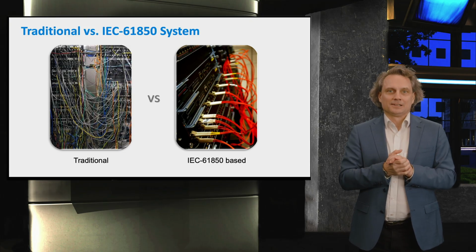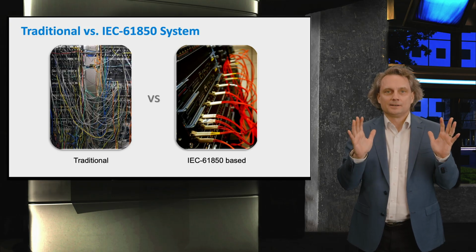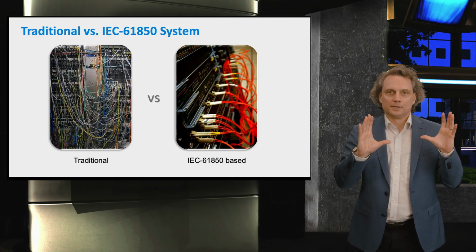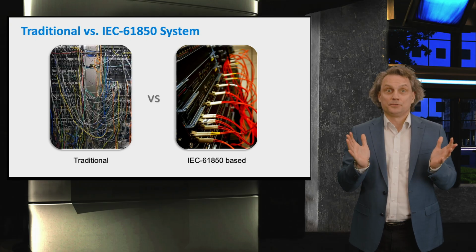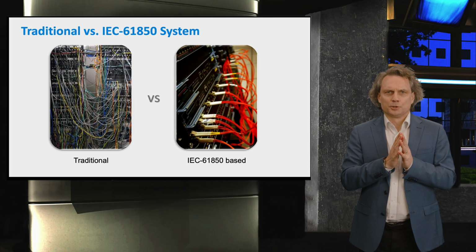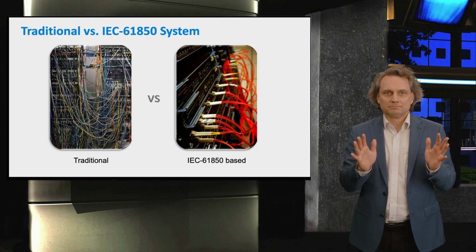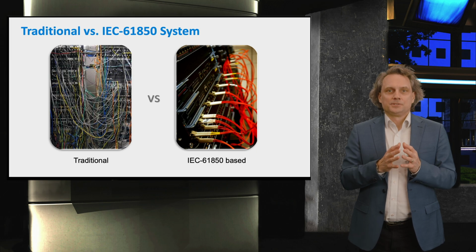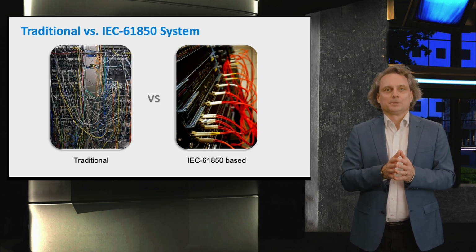Later, this was of course tunneled over packet switched networks, but only IEC 61850 has an entire well thought through architecture, both physically and semantically. Things get easier to build, to commission, to diagnose, and to repair, because the physical topology of the communication network is just much simpler.